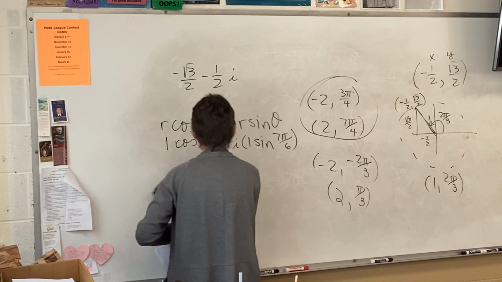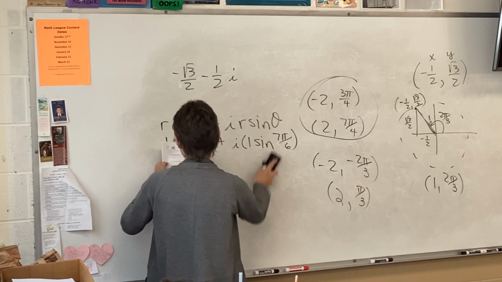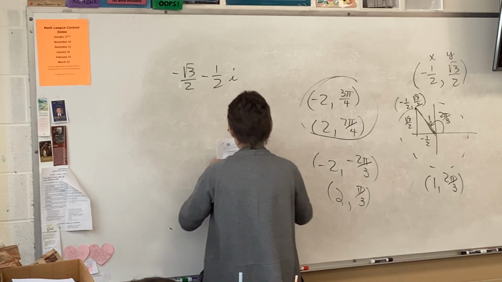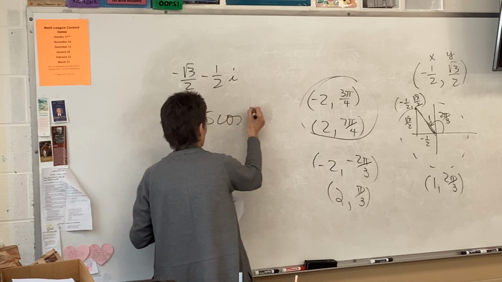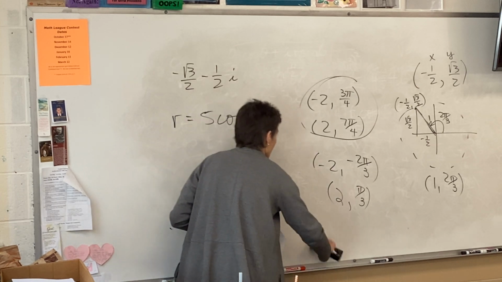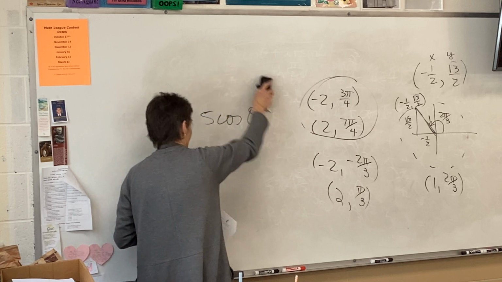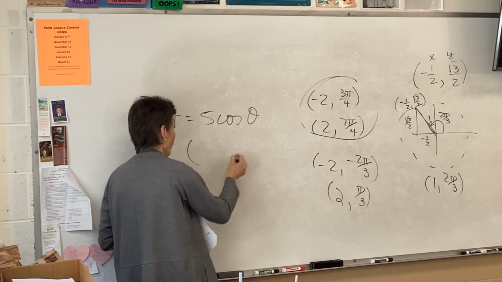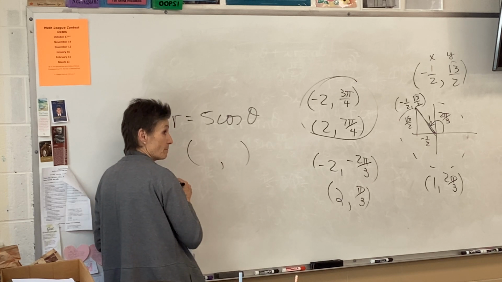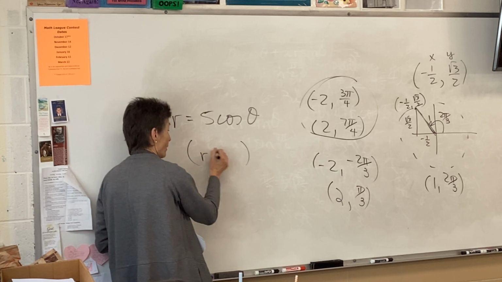So the equation, and I'll just use the one from number 2, is of the form r equals 5 cosine theta. These are ordered pairs, right? What do polar ordered pairs look like? R comma theta.